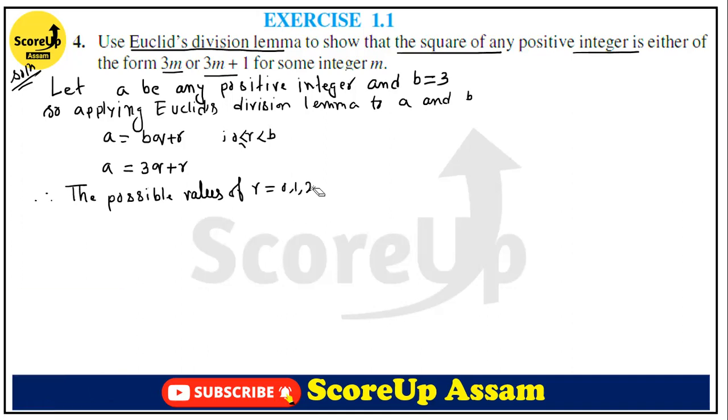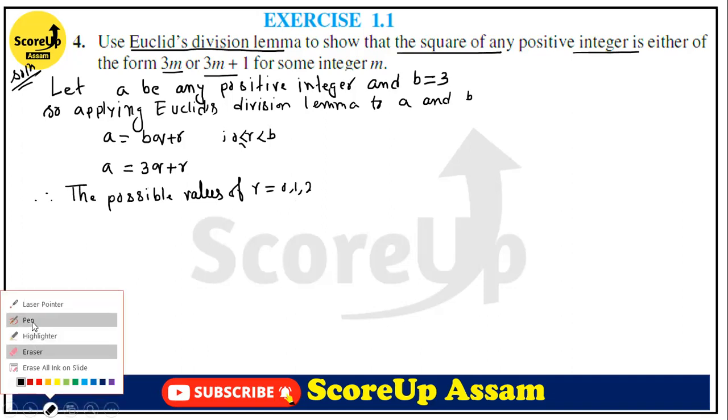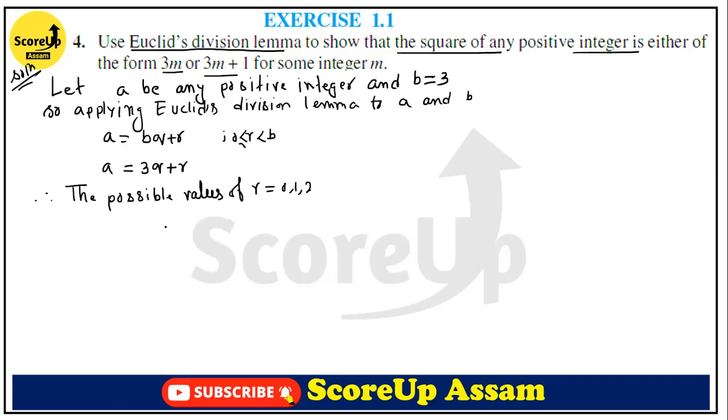The possible values are 0, 1, 2. Now let's put those values of r. So a is equal to 3q, or a is equal to 3q plus 1, or a is equal to 3q plus 2.